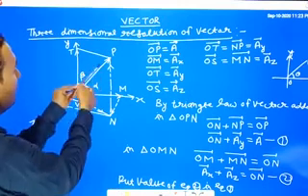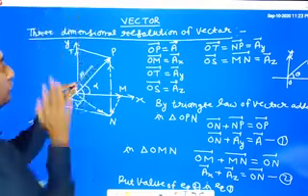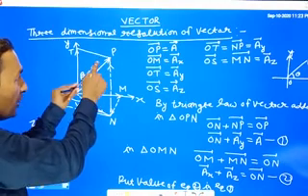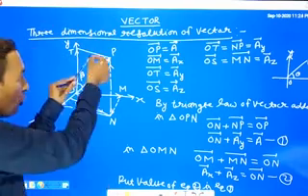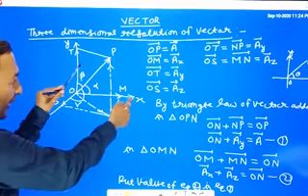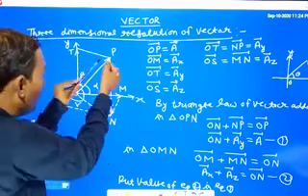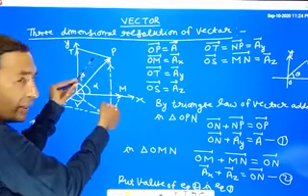What do we do? This is the z axis, this is the x axis, and this is the y axis. First we draw a perpendicular from point P. This is point P, and on the y axis, that is the line PT. Then we draw a perpendicular on this xz plane. This x line and z line make a plane here, and we draw a perpendicular on that plane, and N is the point in that plane.